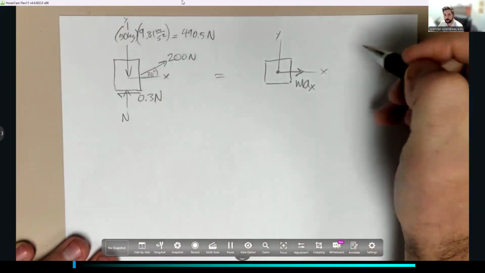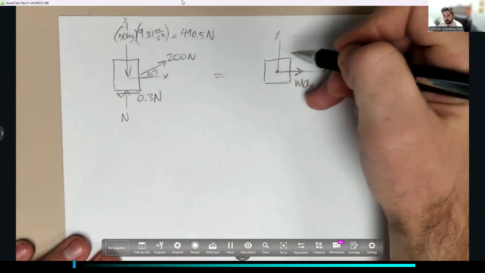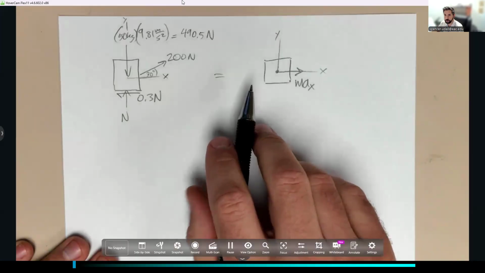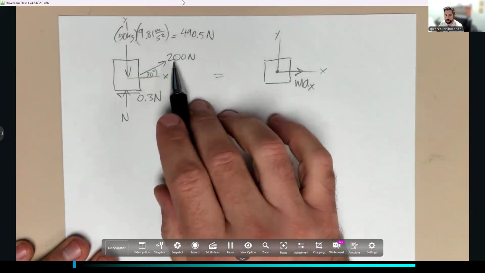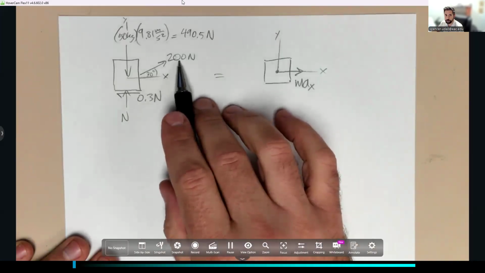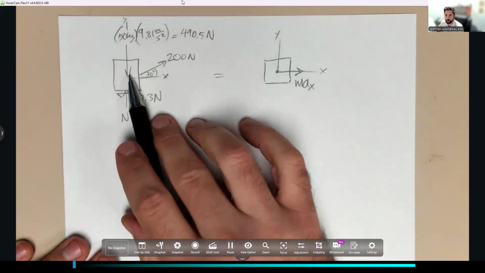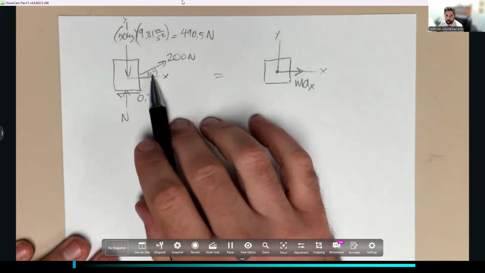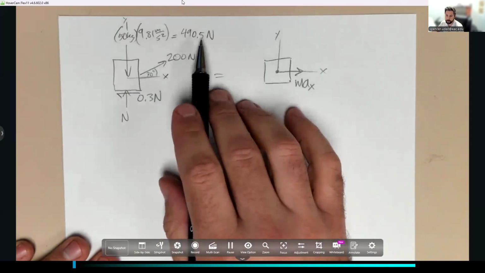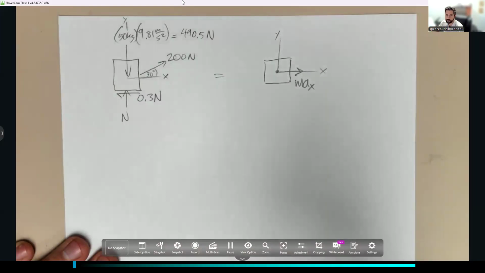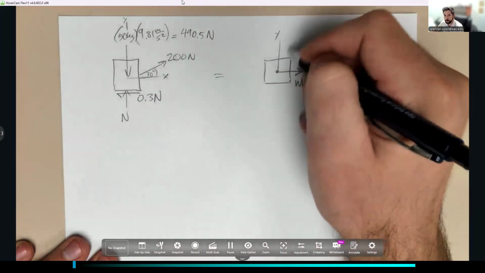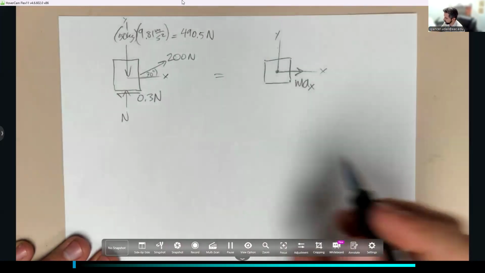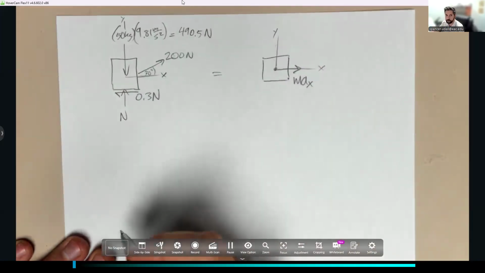And we've got to think, is it going to accelerate upwards? Well, what would have to be the conditions for it to go upwards? We would have to have this upwards component be greater than the downwards weight. So is 200 sine of 30 going to be greater than this 490.5? No, so we can assume it is not moving upwards. We don't have any ay, it's equal to 0, so it's only accelerating to the right. This would be our kinetic diagram.